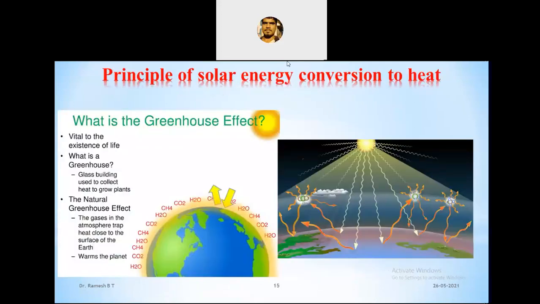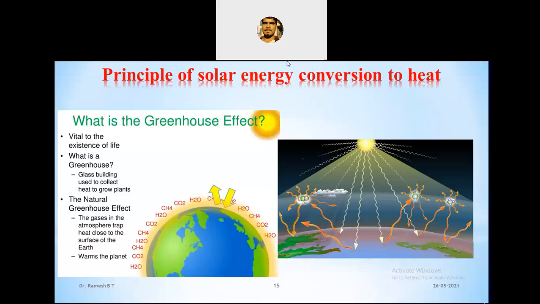Next, let us move on to the physical principles of conversion of solar radiation, the principle of solar energy conversion to heat. How are we going to convert solar radiation into heat?